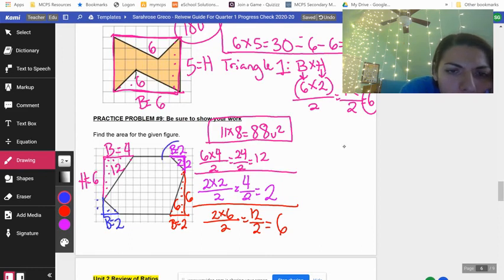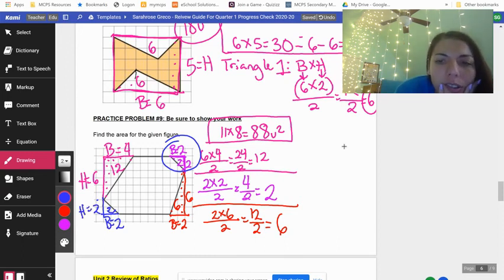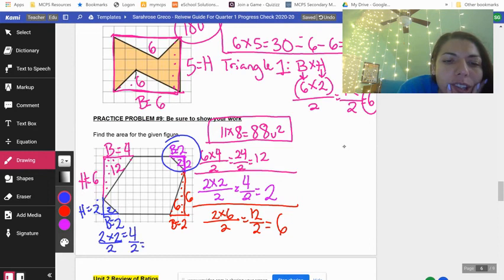Just like this one. That makes sense. So 2 times 2 is 4. Don't forget to divide by 2, and that equals 2.